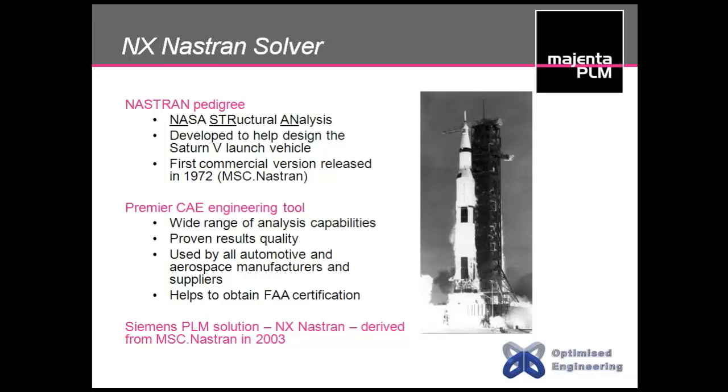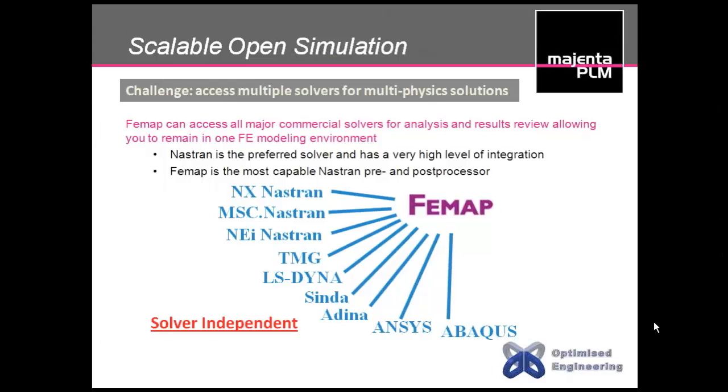This tool has been developed over the years by a number of different developers, and Siemens obtained the rights to develop this software in 2003 as a parallel development route from MSC. But it's interesting that Femap itself is probably the most widely used pre and post processor for the Nastran solvers, regardless of who developed the solvers.